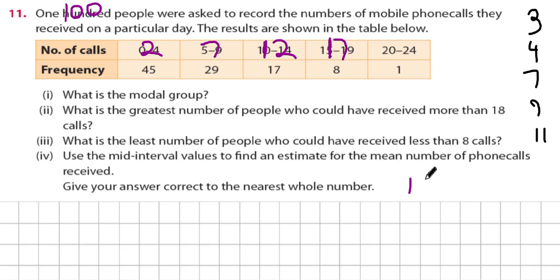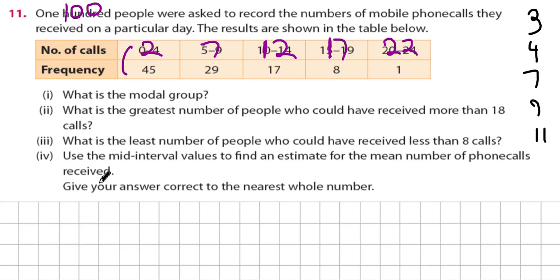If you aren't sure, you add the 2 numbers together and divide by 2. And then 20 plus 24 divided by 2? 22.